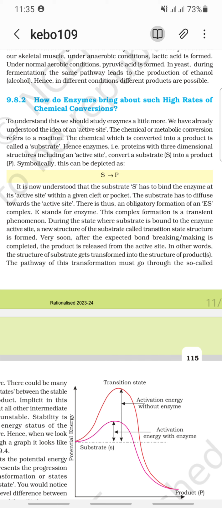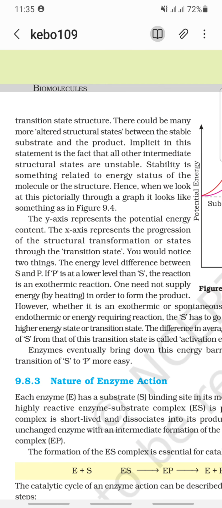The product is released from the active site. In other words, the structure of the substrate gets transformed into the structure of the product. The pathway of this transformation must go through the so-called transition state structure. There could be many more altered structural states between the stable substrate and the product. Implied in this statement is the fact that all other intermediate structural states are unstable.